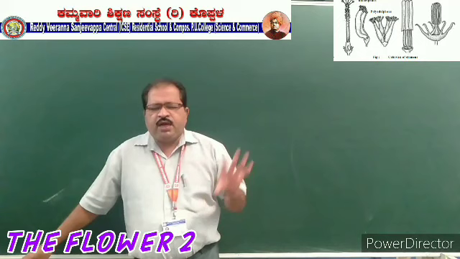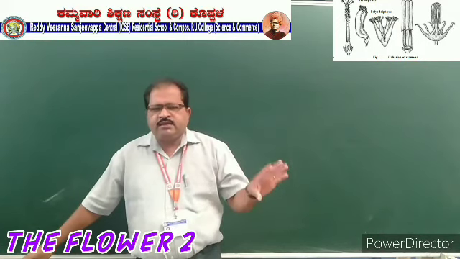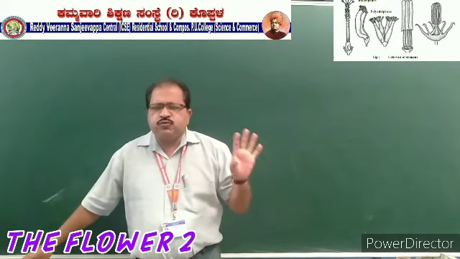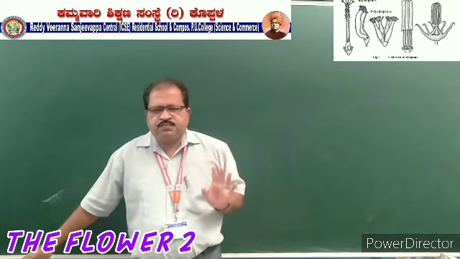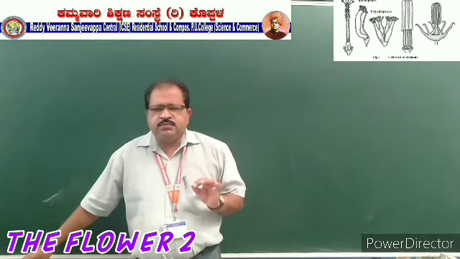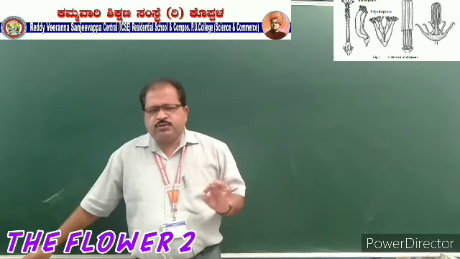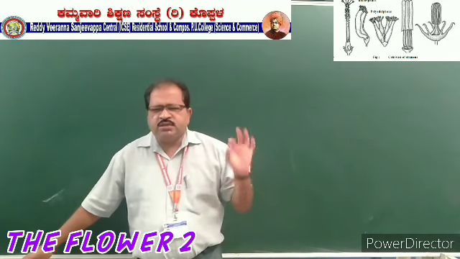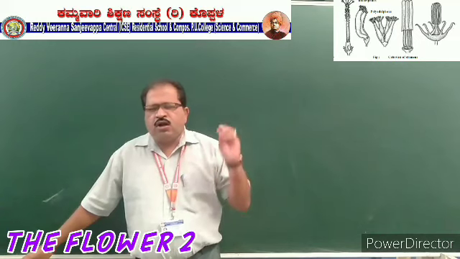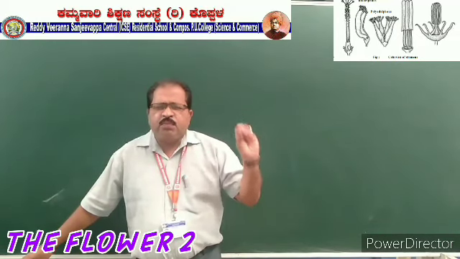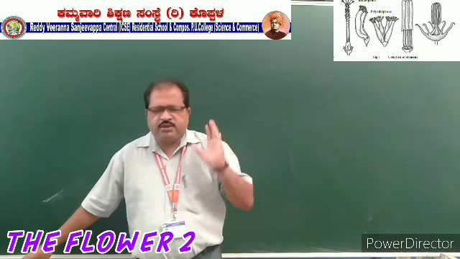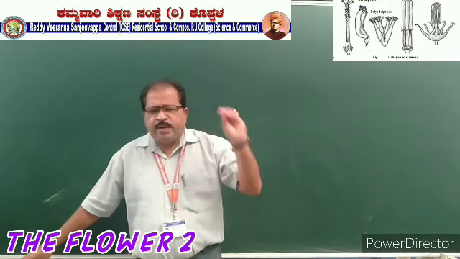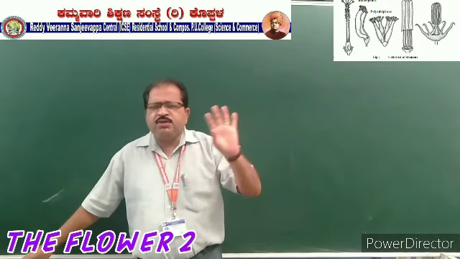Today, those two, the calyx and corolla, together are called the non-essential parts of the flower. Why? Because those two parts, sepals and petals, are not directly participating in the sexual reproduction of the plant, but they help in the sexual reproduction.